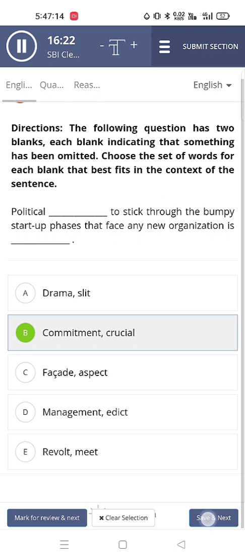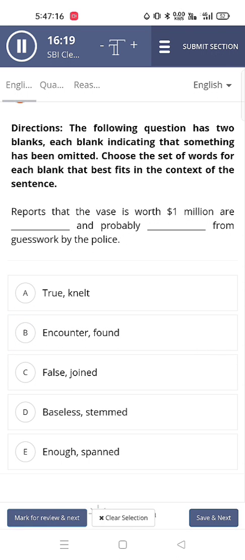This is right. Then reports that the vase is worth 1 million are true and probably knelt from guesswork by the police. Our encounter is wrong, are false and probably joined from guesswork. No, are baseless and probably stemmed from guesswork by police.